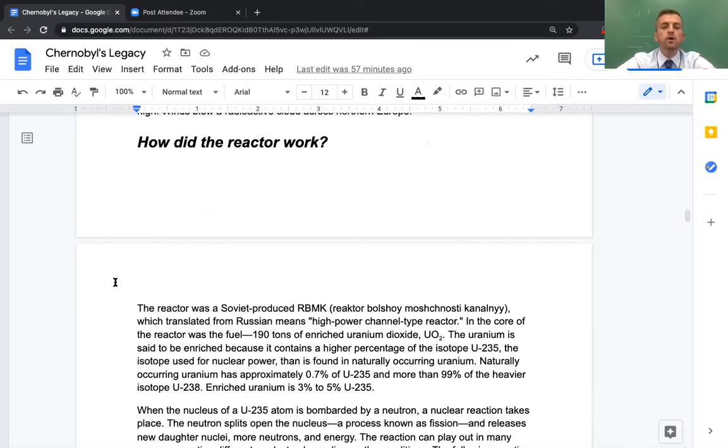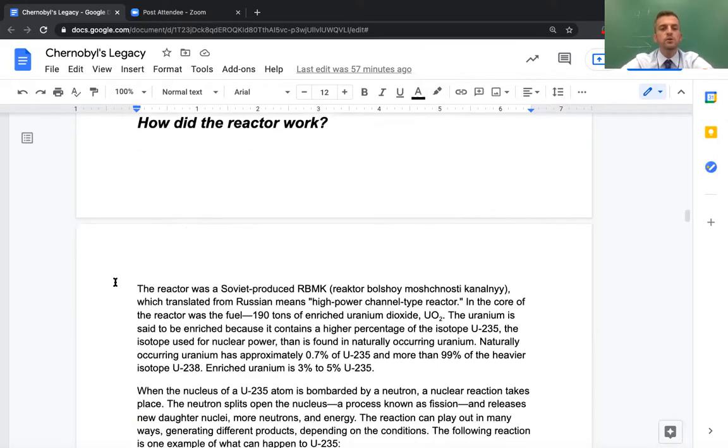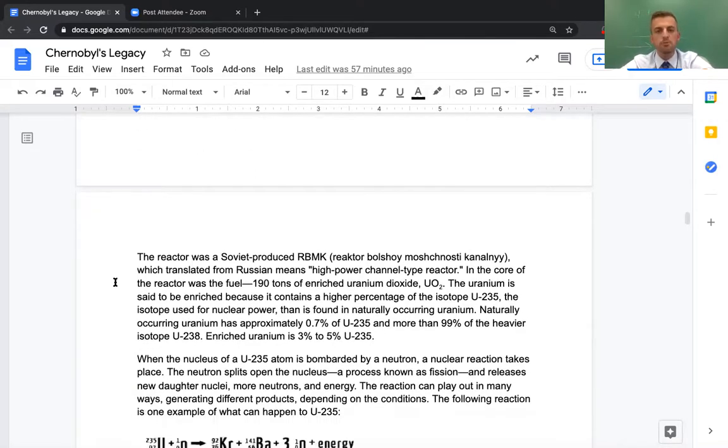How did the reactor work? The reactor was a Soviet-produced RBMK, or Reactor Bolshoi Moshchnosti Kanalny, which translated from Russian means high-power channel-type reactor. In the core of the reactor was the fuel, 190 tons of enriched uranium dioxide, UO2.